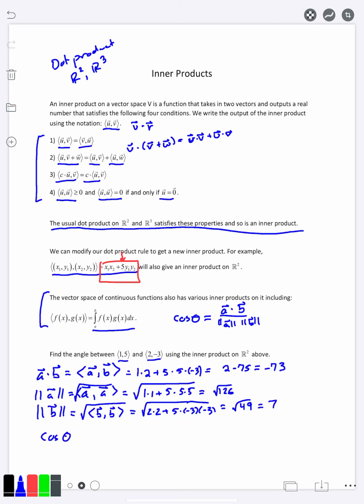So that means I have cosine theta is a dot b over the first magnitude times the second magnitude. And we're going to go ahead and use our calculator here to do cosine inverse of that. And when I plug it in my calculator here, I get theta is 158.3 degrees.